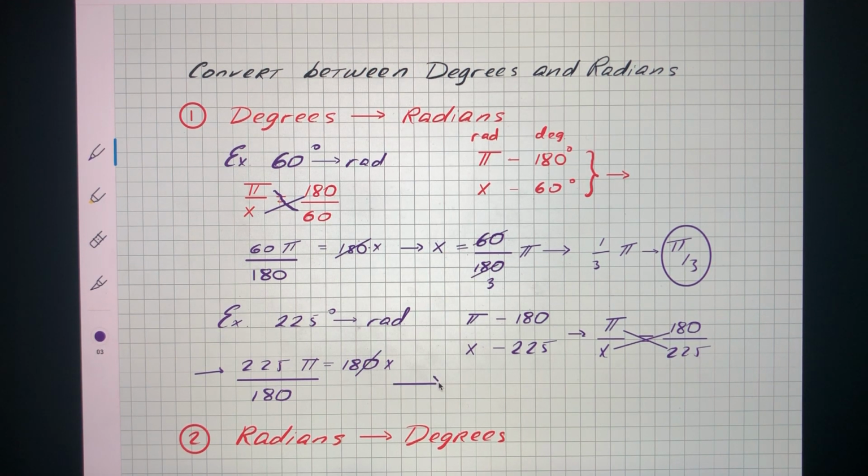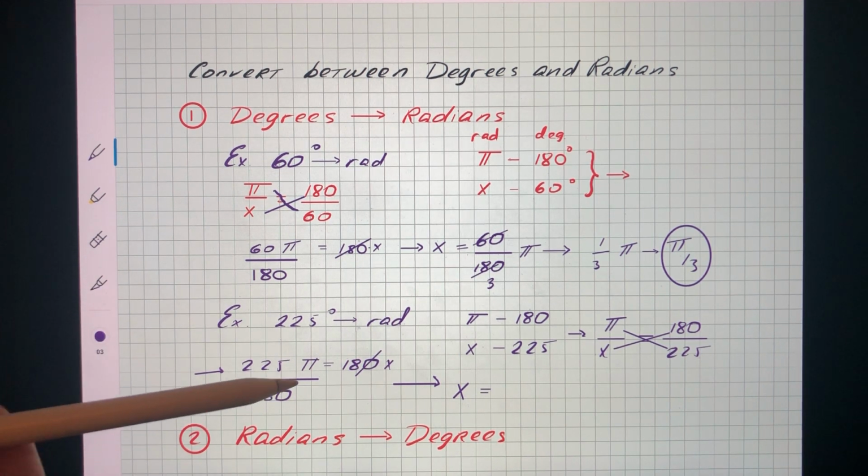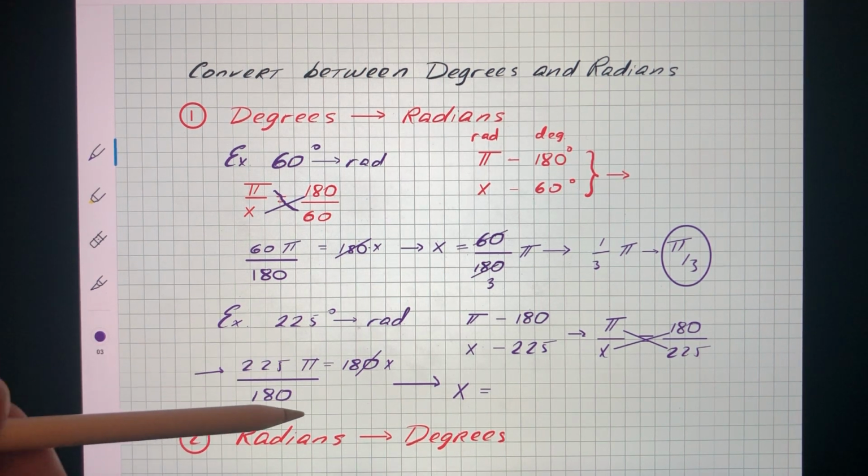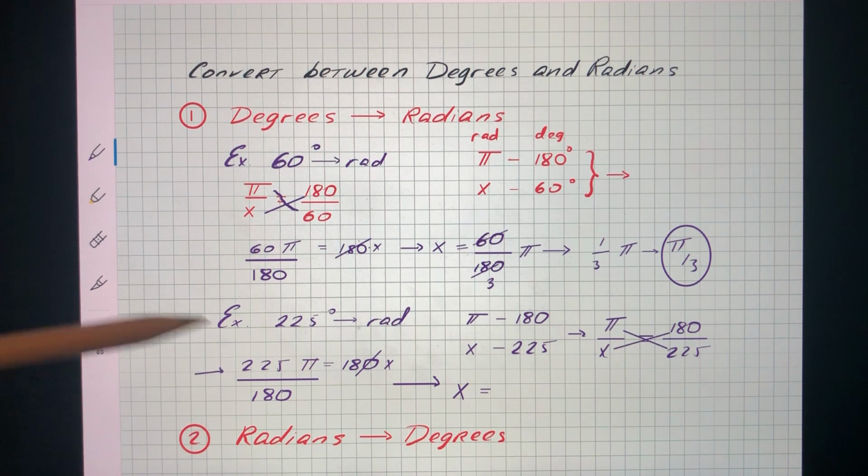Now we can reduce ourselves, but it may be easier to reduce using the calculator. For using the calculator, we can type in just the numbers and leave the pi outside. So here is what I mean.